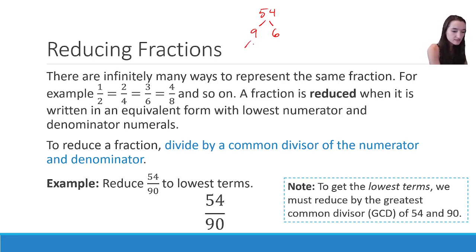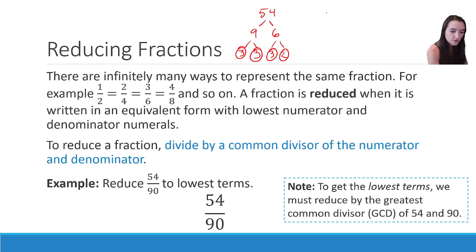Then 9 is 3 times 3. And 6 is 3 times 2. And that's as far as I can go, because 3 and 2 are what's called prime numbers, and prime numbers just don't have anything that goes into them besides 1 and themselves, so I wouldn't be able to break this down any further except with 1s, right? Okay, so that's a factor tree for 54, and I'm just going to circle these bottom factors, okay?